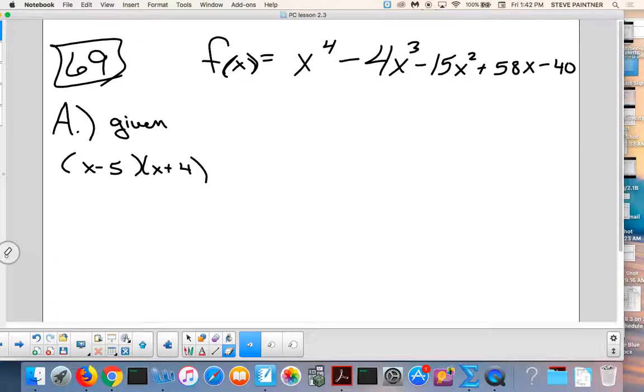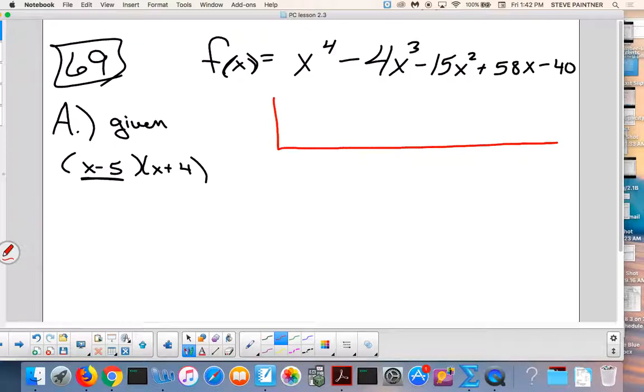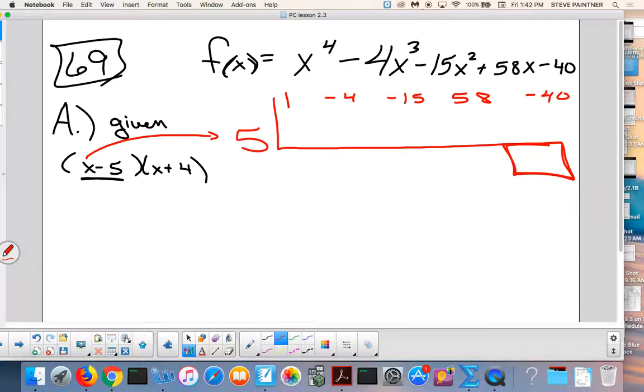So let's prove the first one. Is this a factor right here? Well, how do you know? You'd probably quickly do synthetic division: 1, -4, -15, positive 58, -40. If it's a factor, what's this number right here? 0. Put the 5 out there, put the 0 in front.